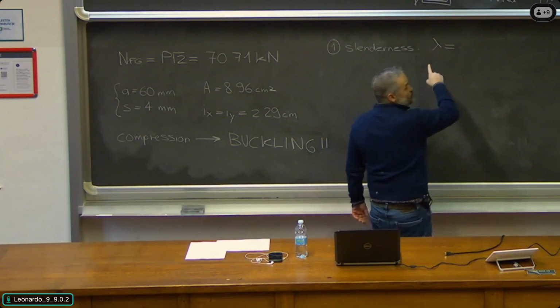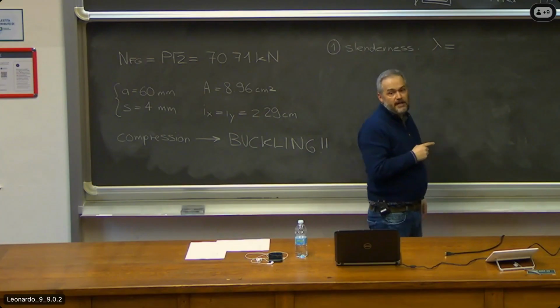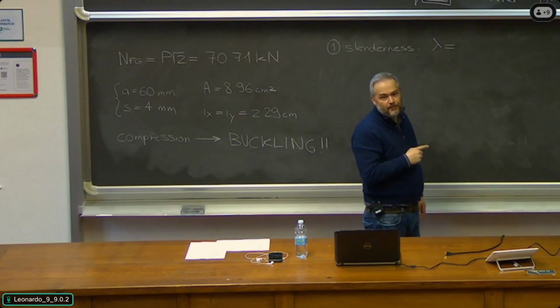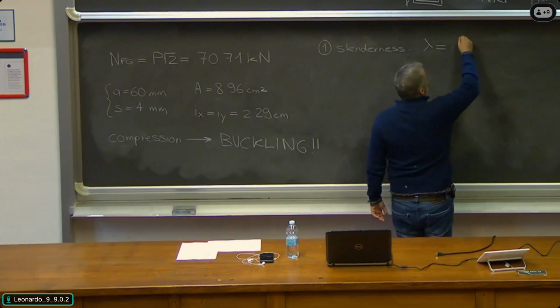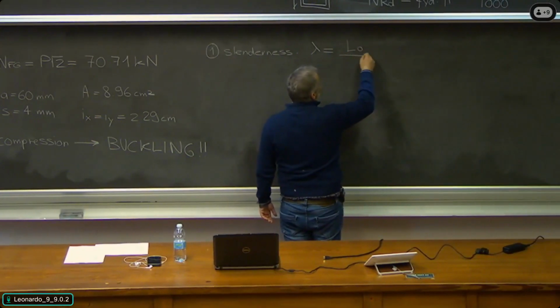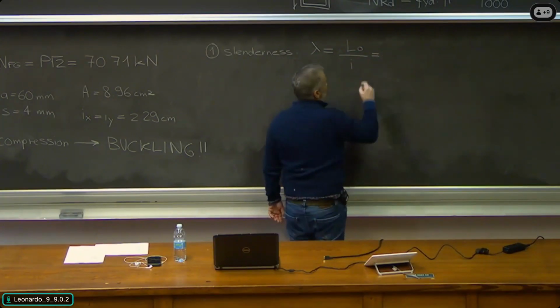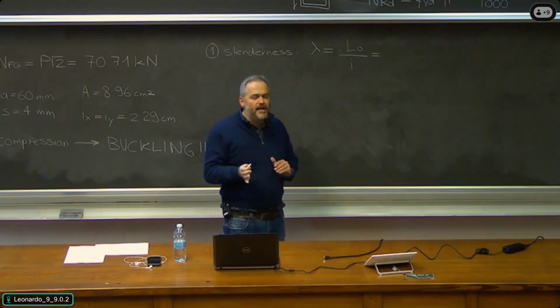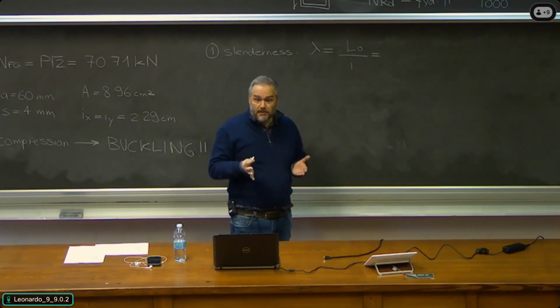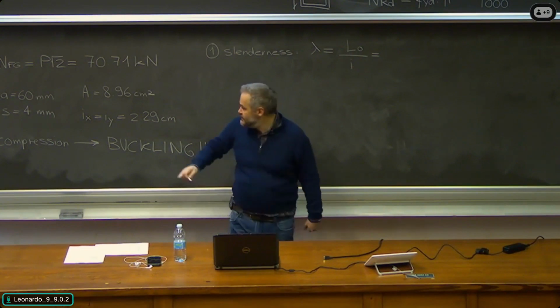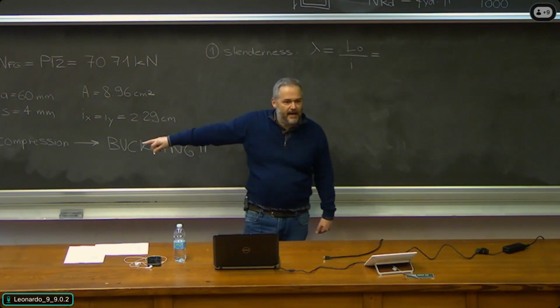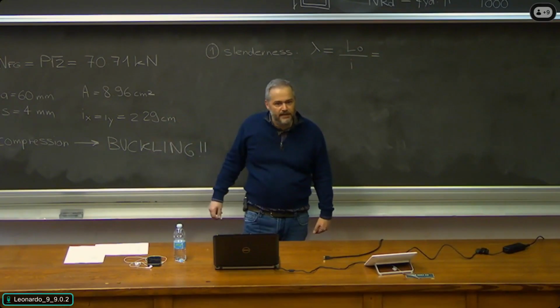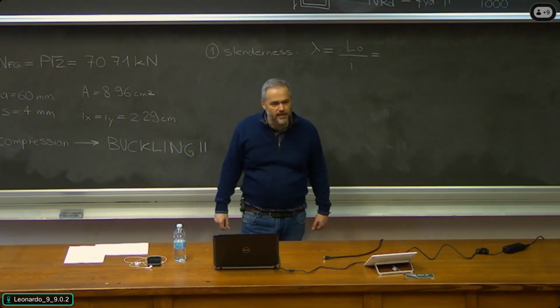The symbol used is traditionally the Greek letter for L, lambda, and it's calculated by dividing the buckling length, indicated by L0, by the radius of gyration. Which one would you take in generic cases? The minimum one. In our case, they are the same. Ix is equal to Iy, so we have no doubts about what to take.